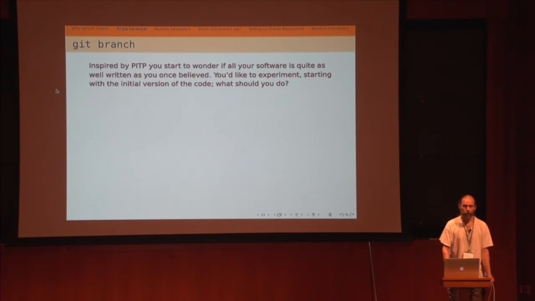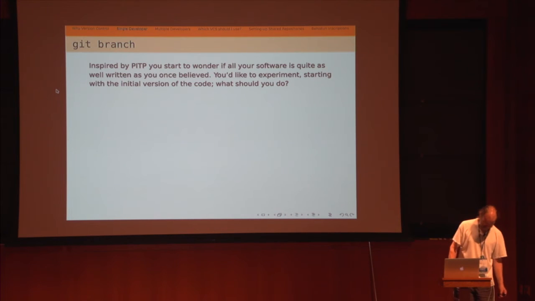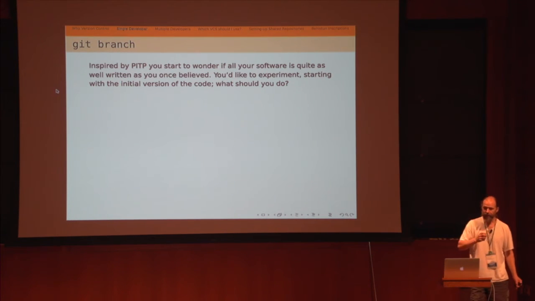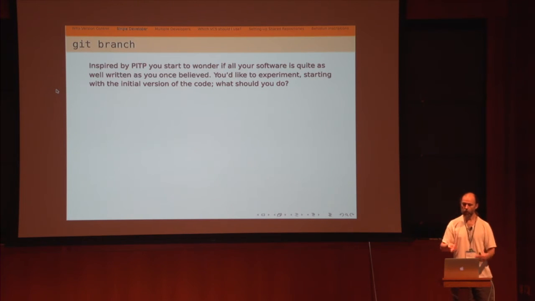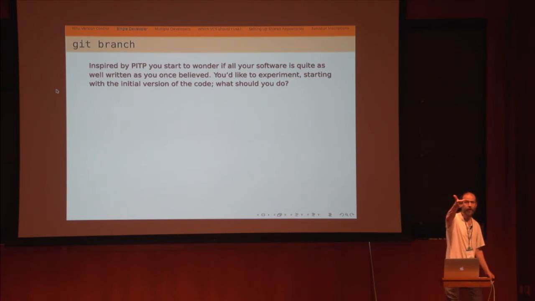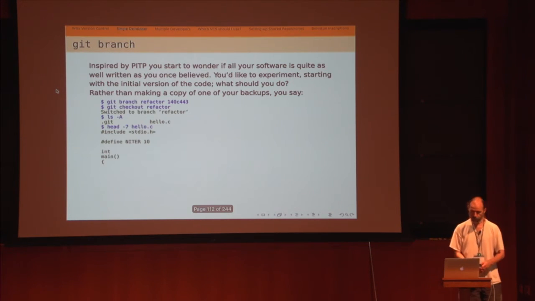Okay, now you've been going to the PiTP, you've been learning about great new algorithms that do things instead of Gauss-Hermite integrations or whatever, and you decide that maybe this piece of code I've been working on wasn't quite as good as I thought it was. Let's go back to the beginning and make those changes in a different way. So what should you do?